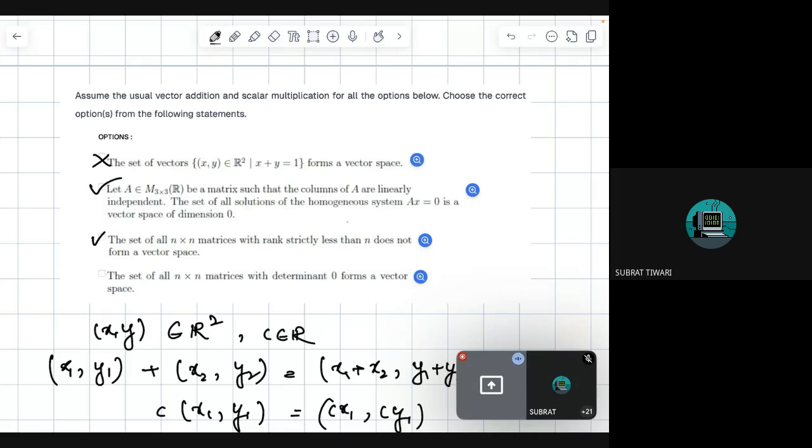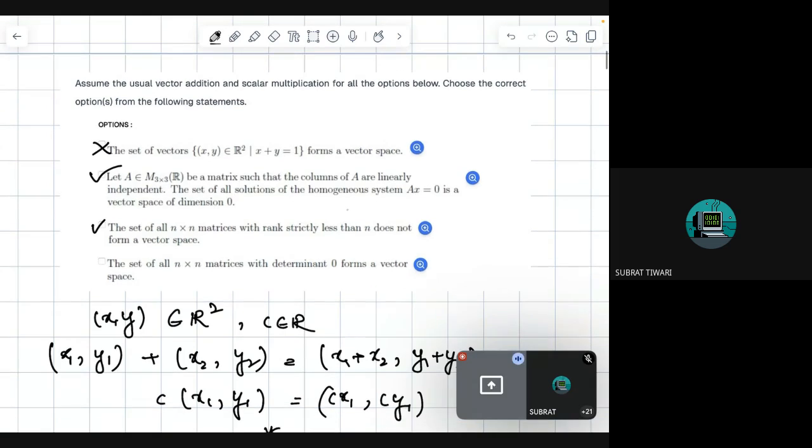For the 2 by 2 case, I considered two different matrices, and for showing vector space, two major conditions have to be checked. Which conditions? That if we take any two vectors from a vector space and add those two vectors, then the resultant vector should also lie in that vector space, right?